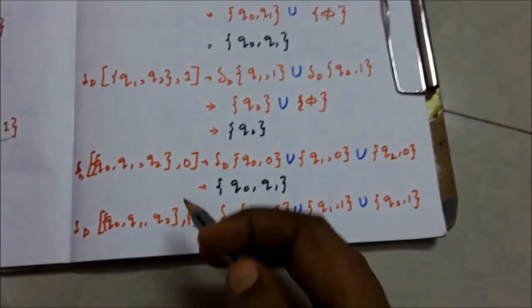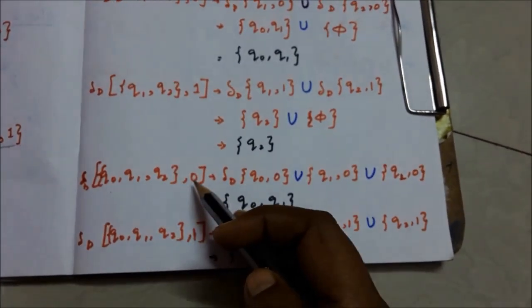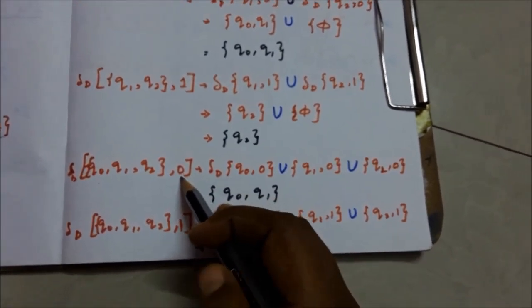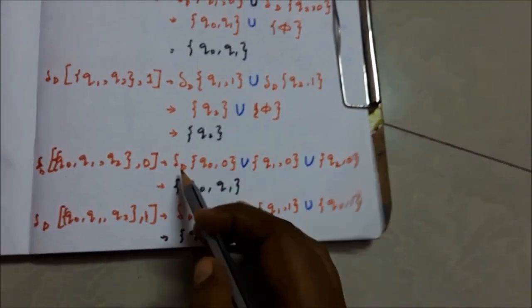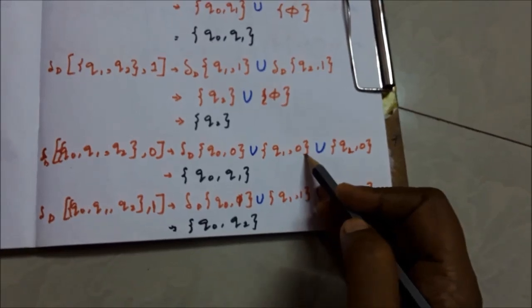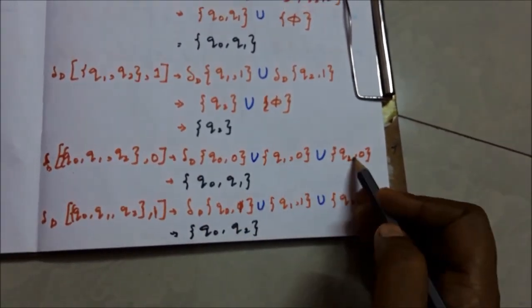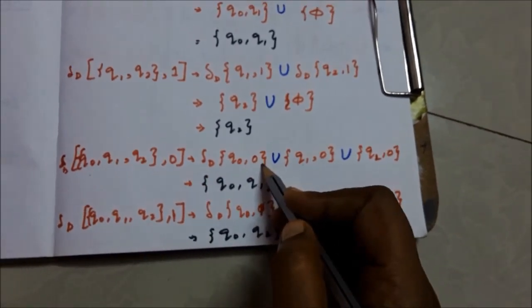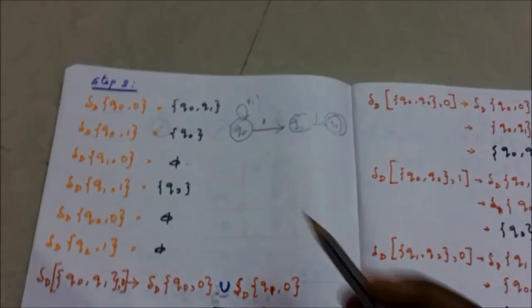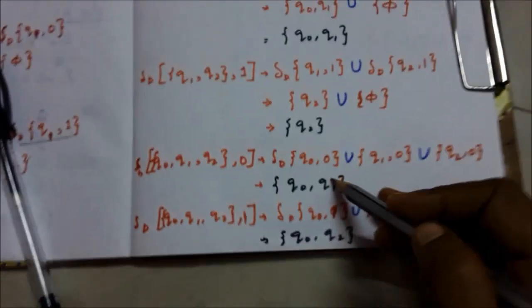And the last new state, Q0 comma Q1 comma Q2. If we take input symbol 0, first we want to split it. So transition function Q0 comma 0 union of Q1 comma 0 union of Q2 comma 0. If we find individually, Q0 comma 0 is Q0 comma Q1. So I have written this.